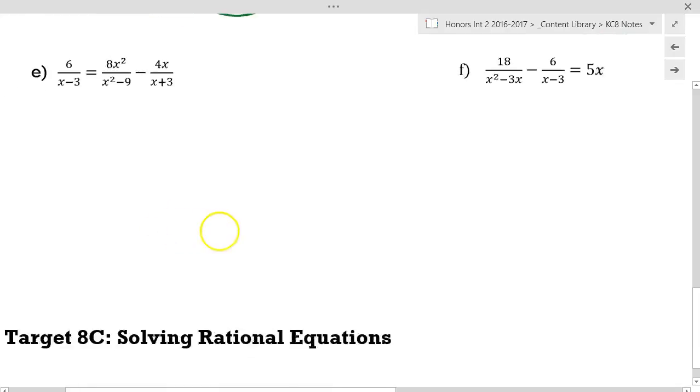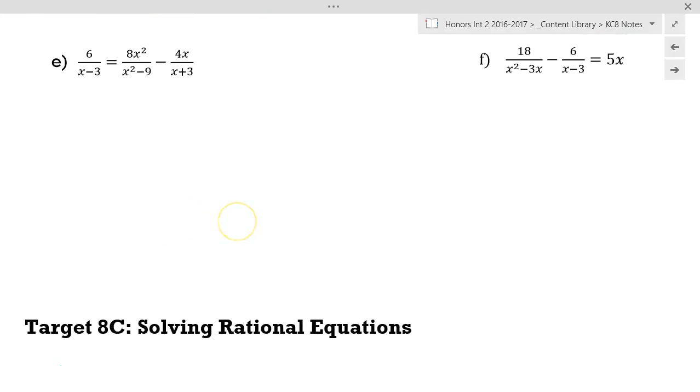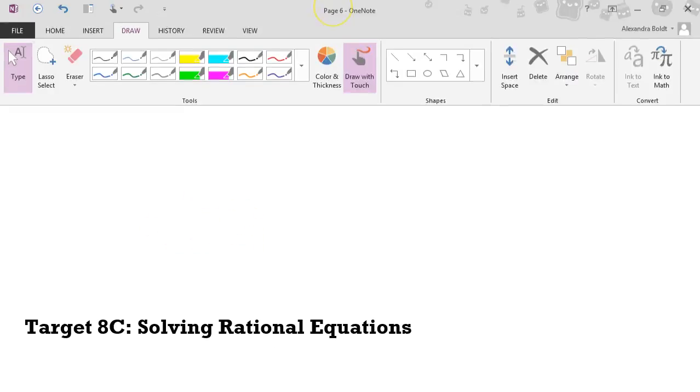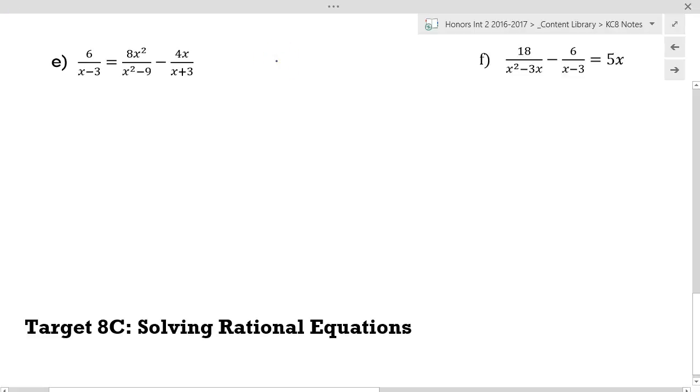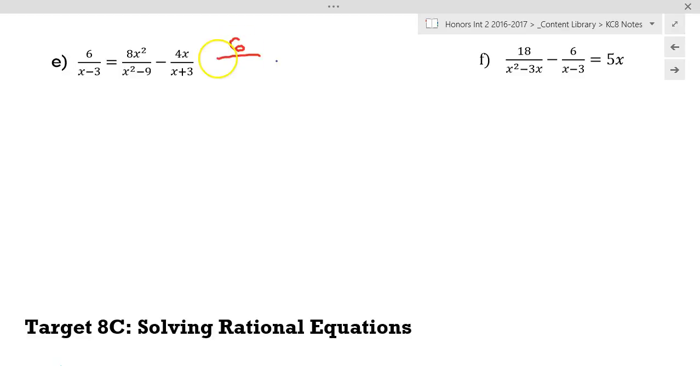Alright, looking at our next problem. E, I have 6 over x minus 3 equals 8x squared over x squared minus 9 minus 4x over x plus 3. So again, this is where I have to make sure I am factoring. So I have 6 over x minus 3 equals 8x squared. X squared minus 9 is difference of squares. Minus 4x over x plus 3.